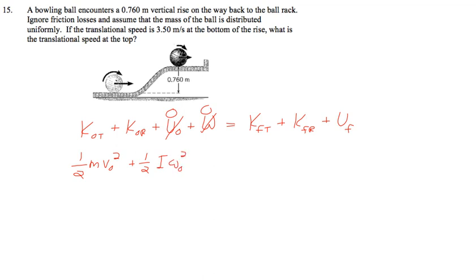The I is not going to change because the bowling ball's not going to change its mass as it's rolling from its original to its final position. And on the other side, we're going to have 1/2 mVF squared plus 1/2 I omega F squared plus mg times the final height.